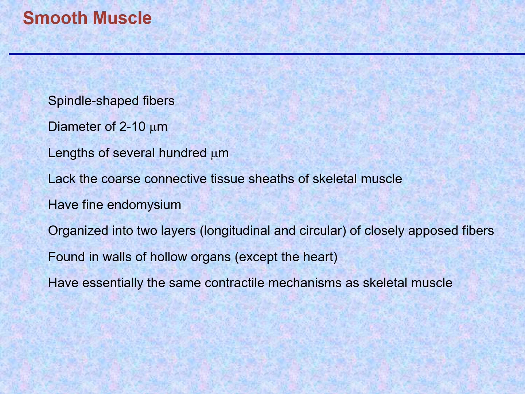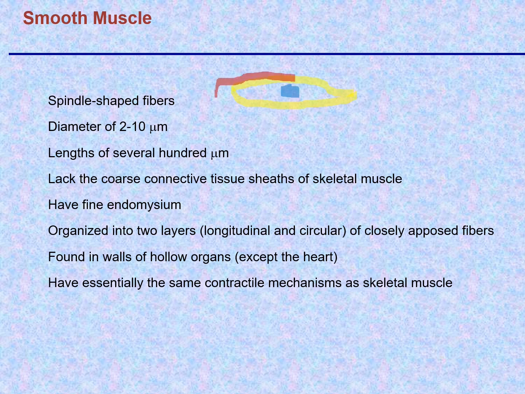This muscle tissue is made up of individual cells, smooth muscle cells. They're called fibers here only because it's sort of a longer kind of cell, but it is a cell with a single nucleus. Let's make it this color.